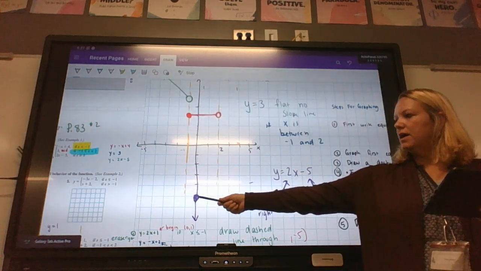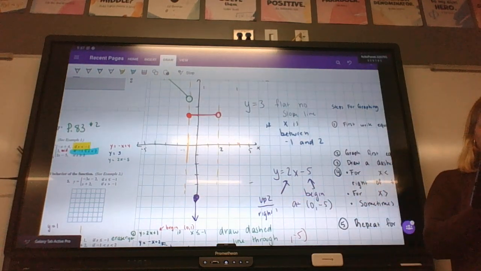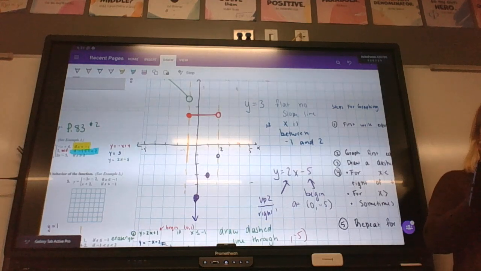So here's the y-intercept at -5, and then I am going up 2 over 1.